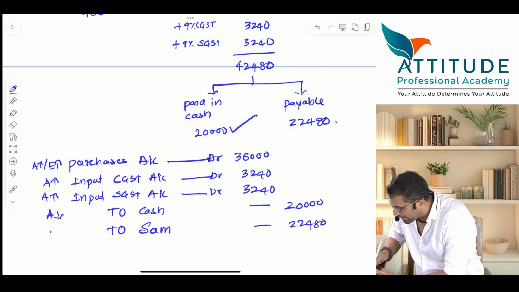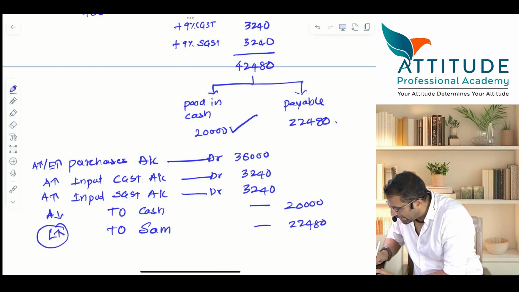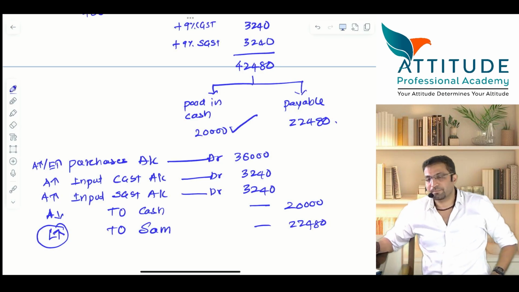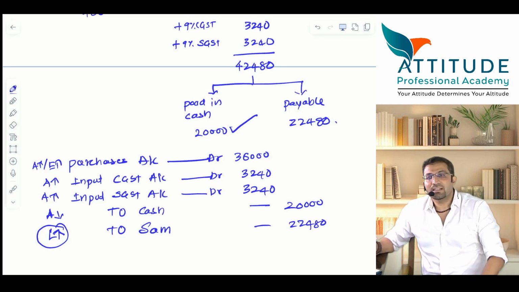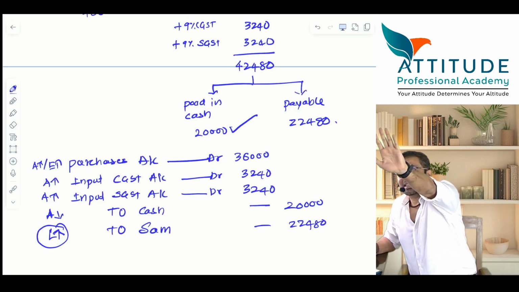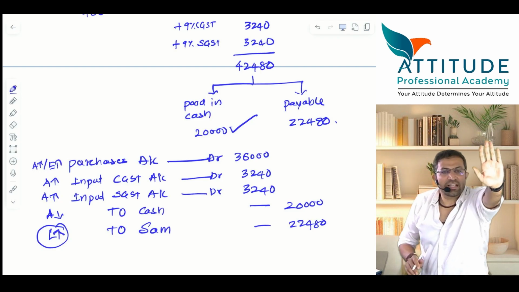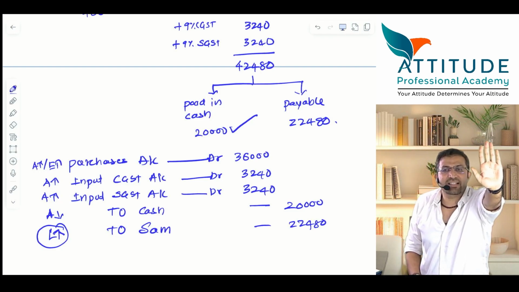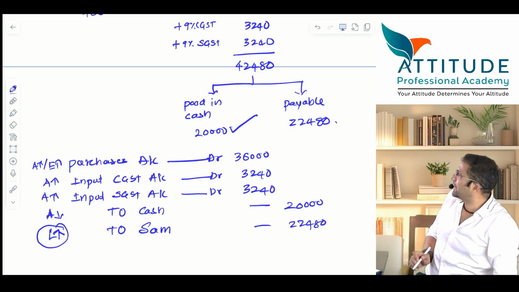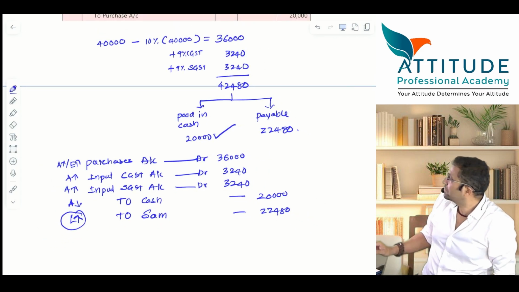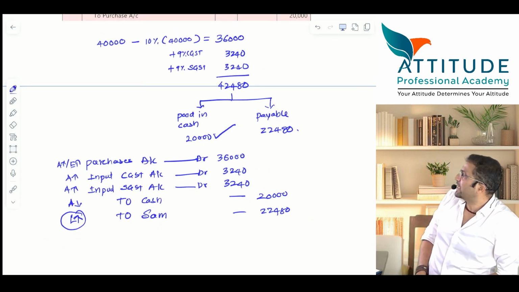But what should I write here? Liability increases. It's easy. Everyone is able to understand the things, guys. I am making it very simple. Are you able to see it?